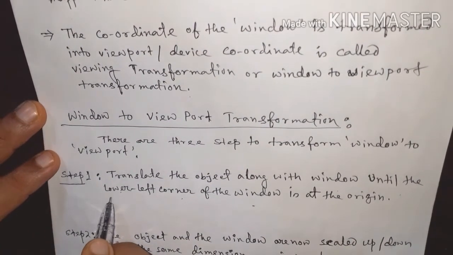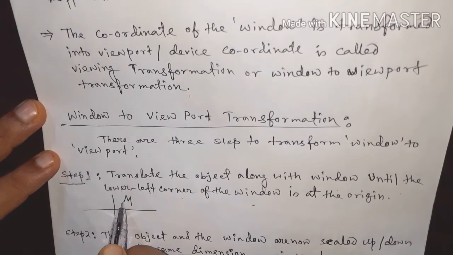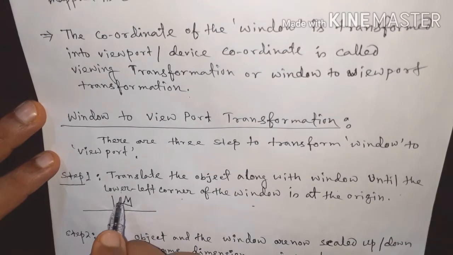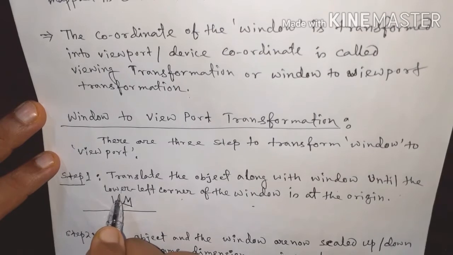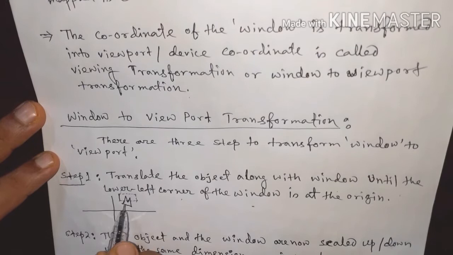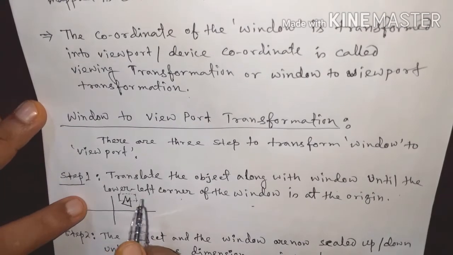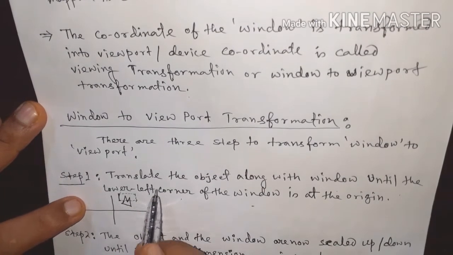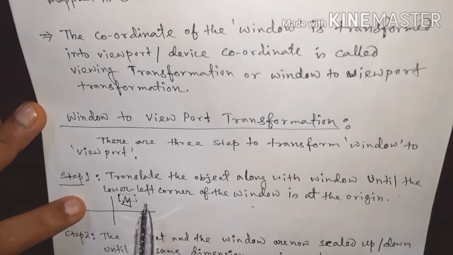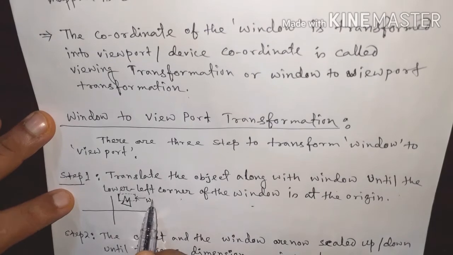For example, suppose an object like this, I want to select an interested portion, and visualize or display only that selected portion on a screen in a better way, or magnify or minimize. This portion is called the window.